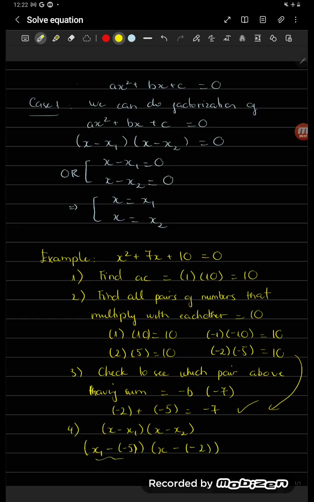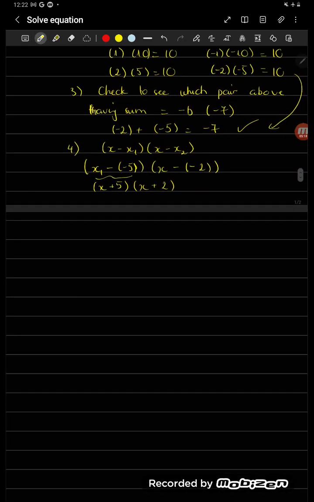So this becomes x plus 5 because the two negatives become positive, and this becomes x plus 2. Yeah, so we're done with the 4 steps from the last lecture. We already did the factorization. So now we only need to put it into the equation and set it equal to 0.